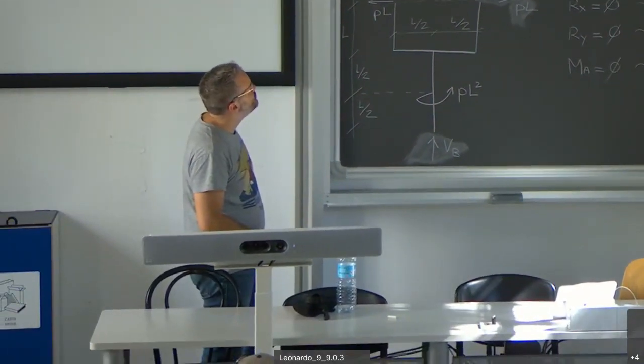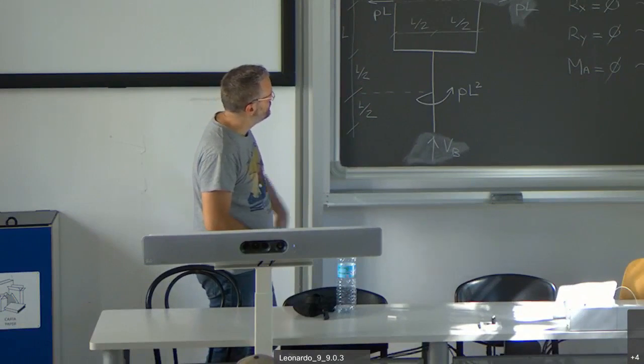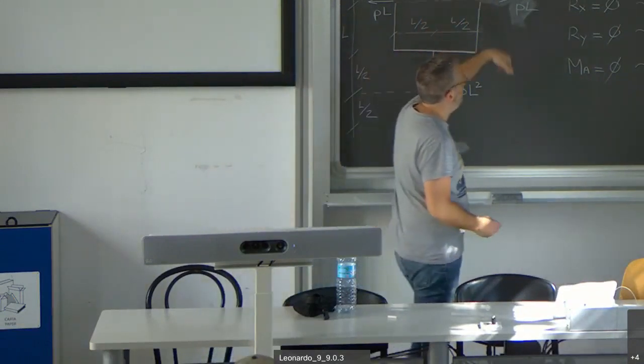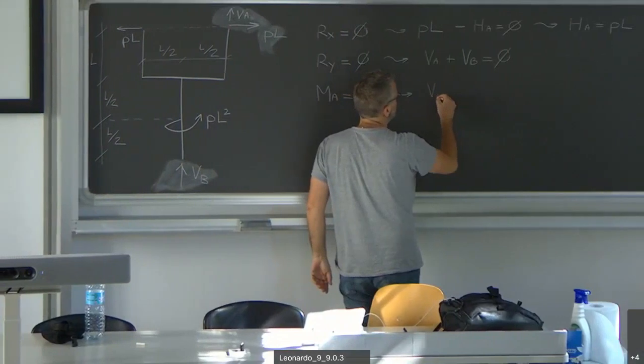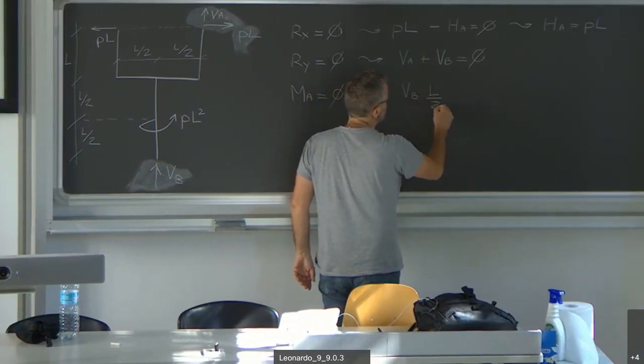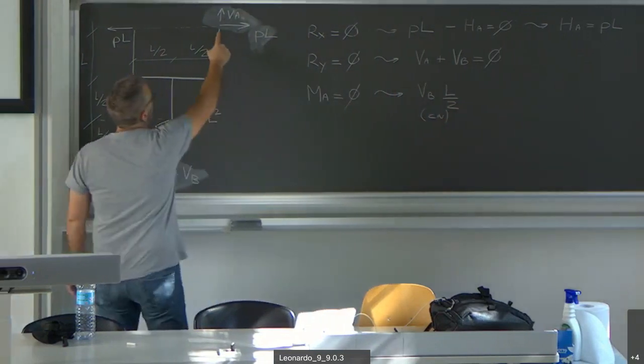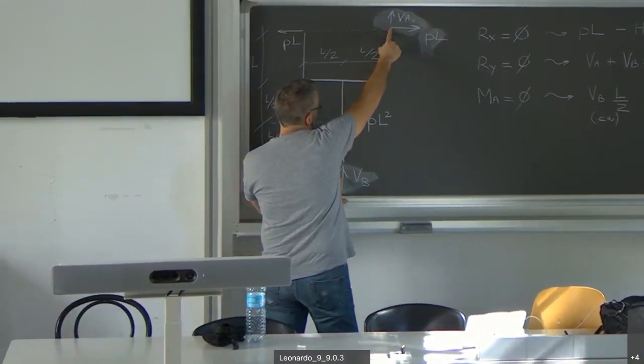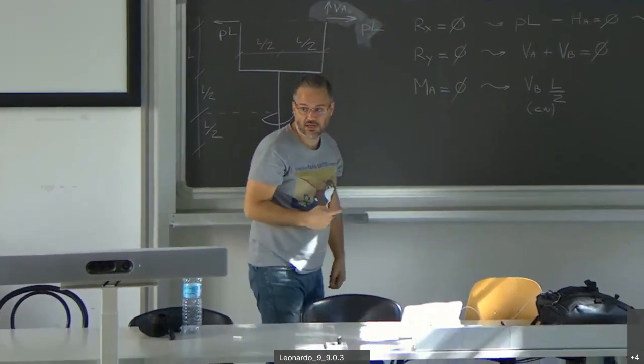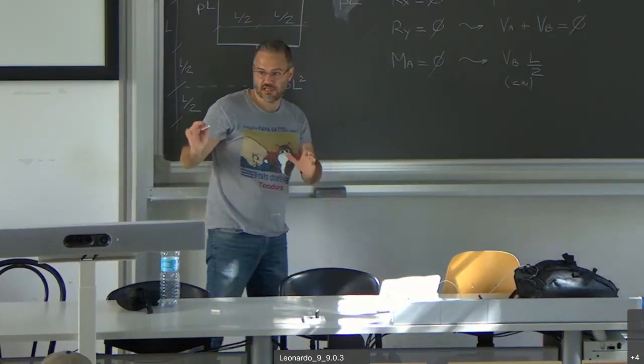MA equal to 0 means VB times L divided by 2, which is clockwise. If you use this as reference point and you look at this force, it's clearly clockwise. Can you see that?